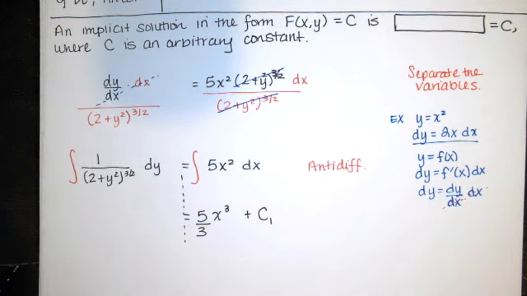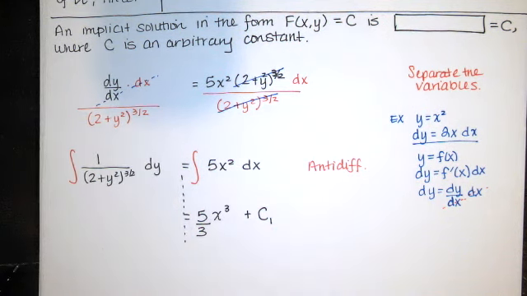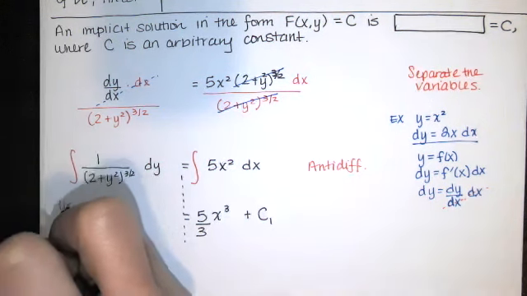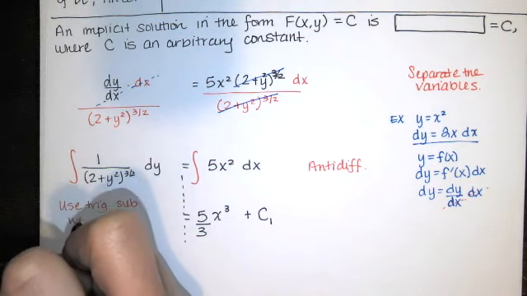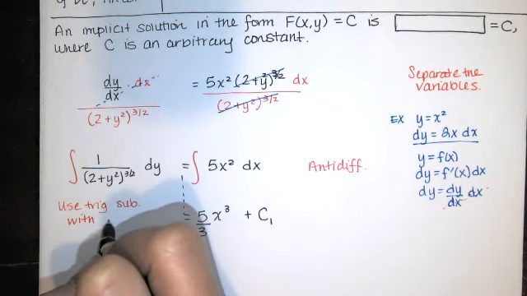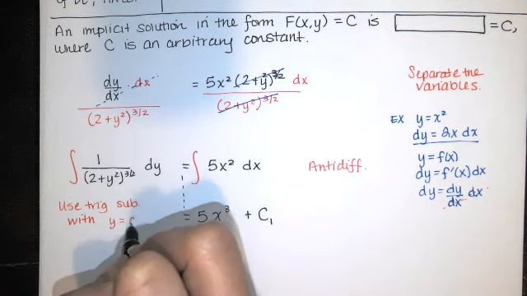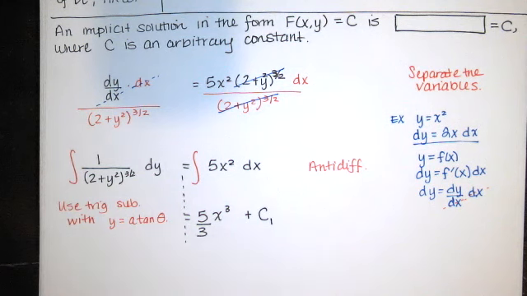Since it kind of looks like an arctangent antiderivative, but it's not an arctangent antiderivative, we're going to use trigonometric substitution, with a tangent substitution. So we'll have y equals a times tangent of theta, and we'll be able to write all of this in terms of theta and anti-differentiate from there.